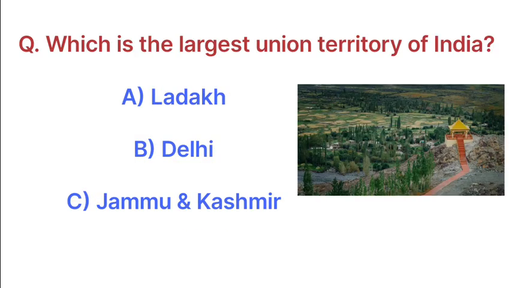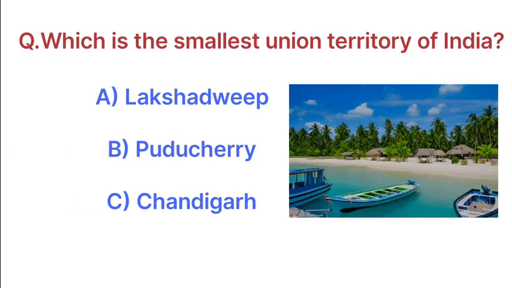Which is the largest union territory of India? Answer: Ladakh. Which is the smallest union territory of India? Answer: Lakshadweep.